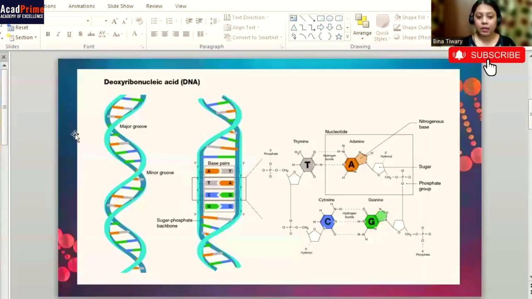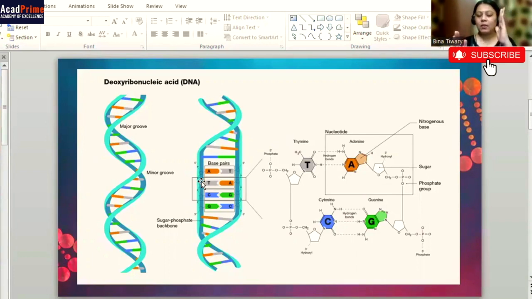Now the full form of DNA is deoxyribonucleic acid. It is a long polymer of a small single unit, the nucleotide. These nucleotides are arranged multiple times to form a long chain of this DNA molecule. Here you can see the two strands running parallel to each other.